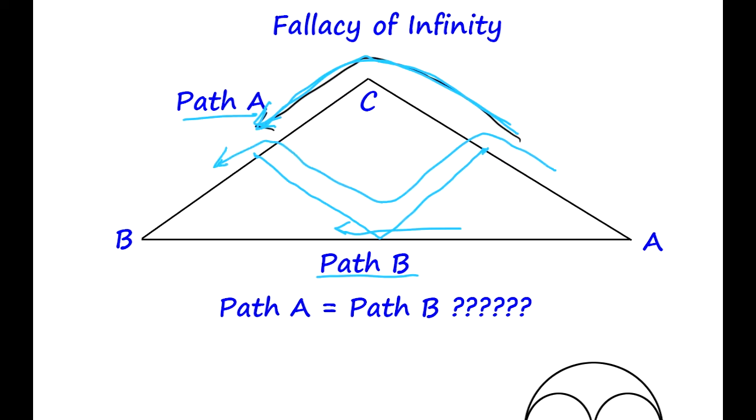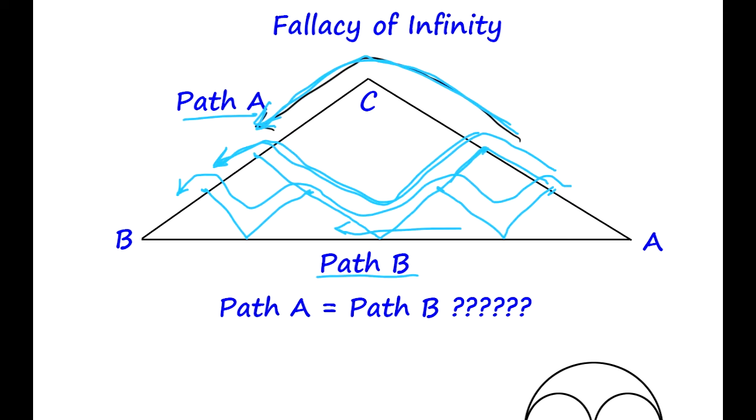Am I right? Now we do the same thing. Take a midpoint and we fold this part down here. We do the same thing here. So this path is the same as this path, and that is the same as this path.